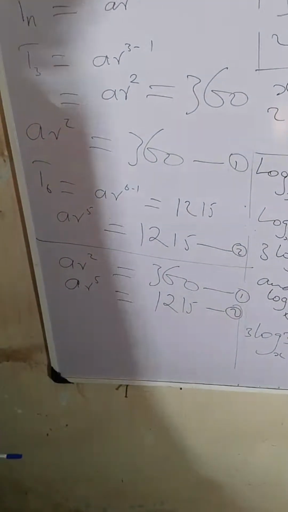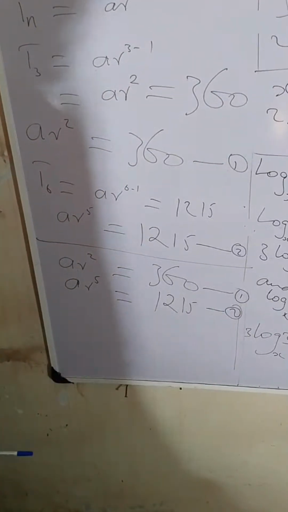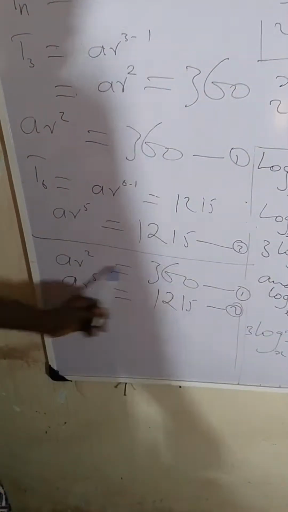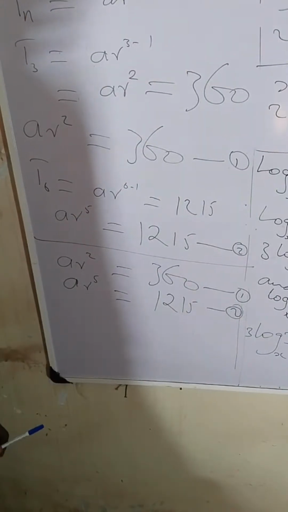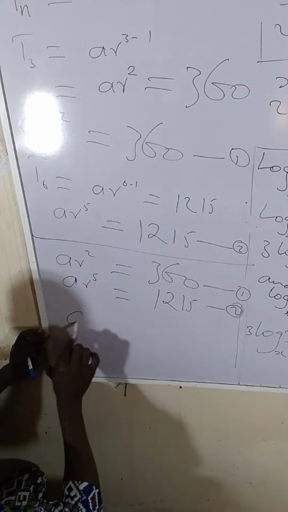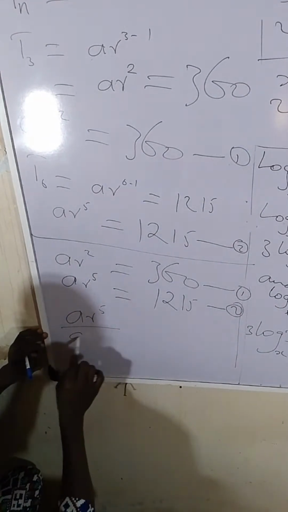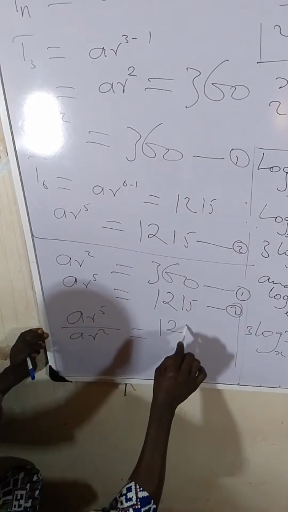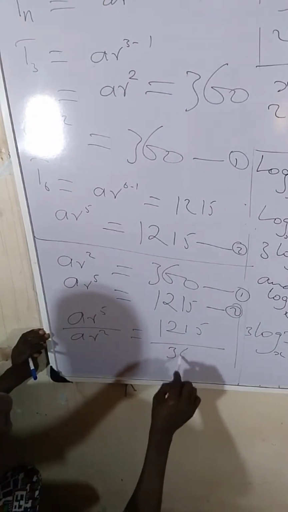Are we going to say equation 1 times 2 now? No, we will not say that. Because we know that what is going to clear multiplication is division. So we are going to divide equation 2 by equation 1 to be able to remove a. I hope that is all right. So what we do is we say ar^5 over ar^2 is equal to 1215 divided by 360.